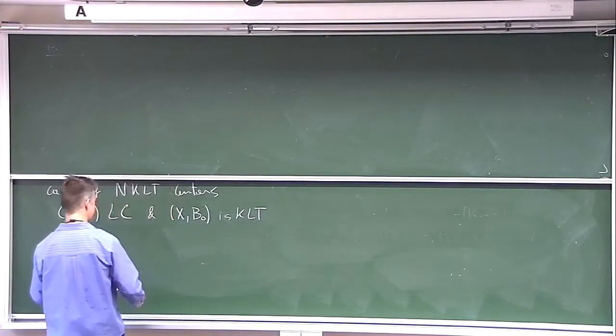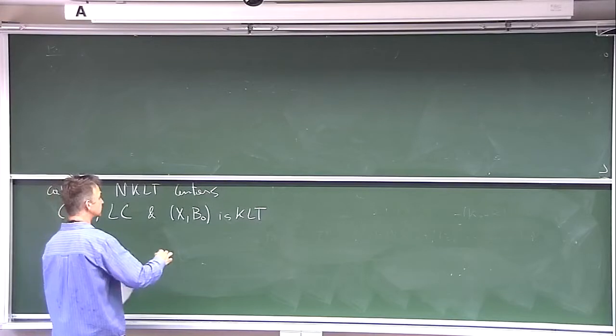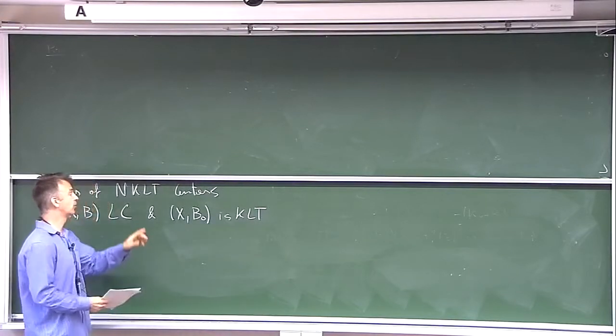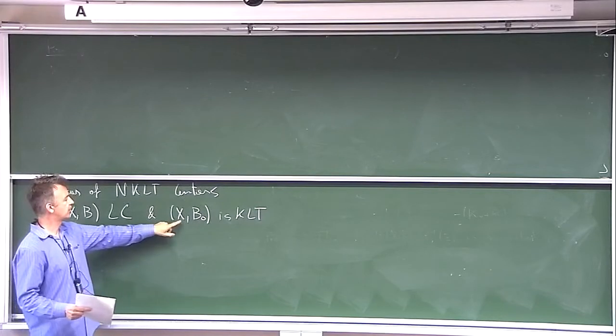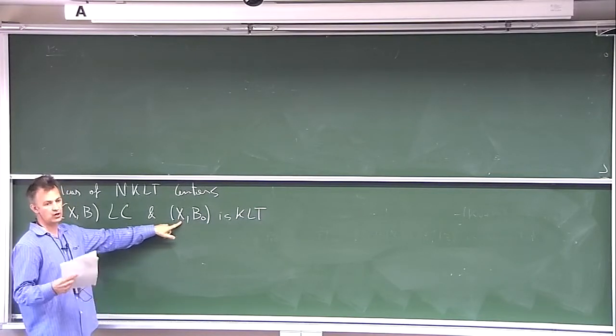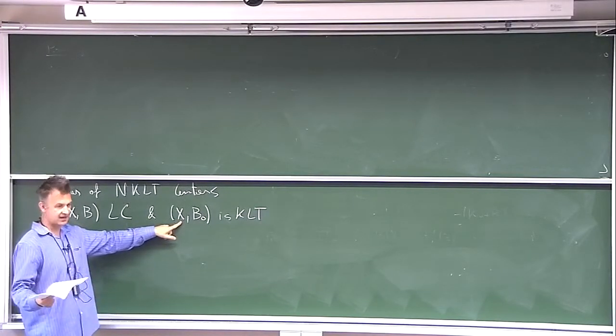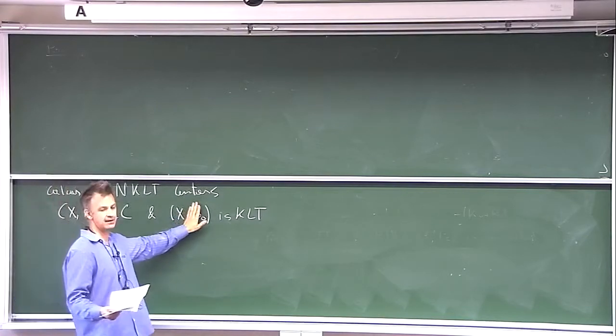What is the relation between B and B naught? There are just two divisors. Not necessarily contained in each other, but for example, if X itself was Q-Cartier, the canonical class of X is Q-Cartier, forget about that.